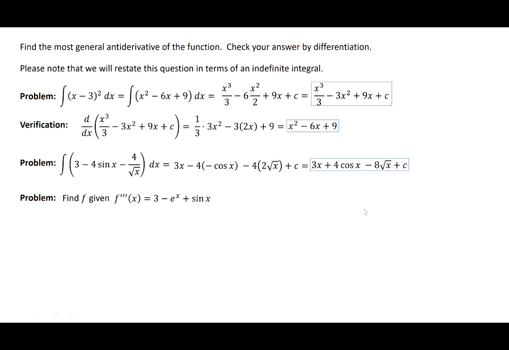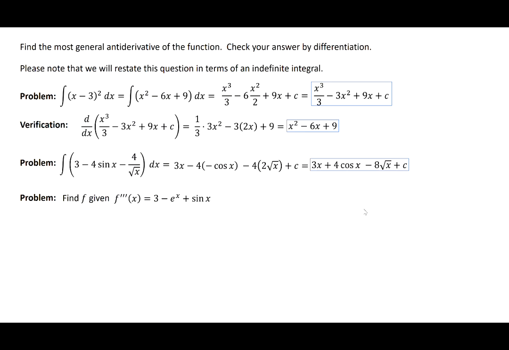Cool. Now, find f given f triple prime of x is equal to this. Any idea? It's a bit unfair on my part. Hey, how do you do this? I never taught you anything like this yet.